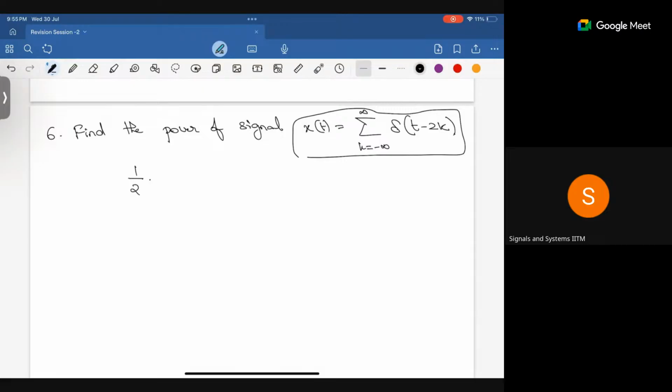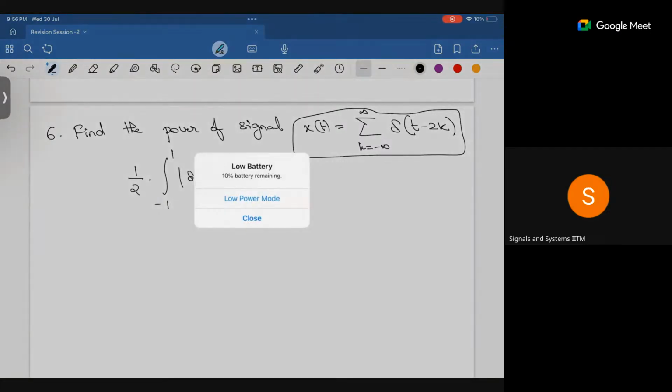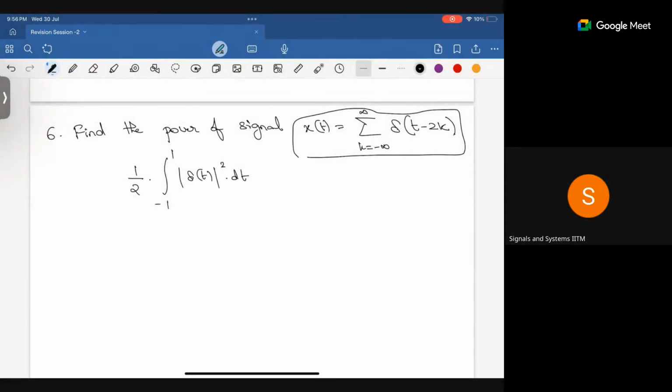It is average energy over a period, which is 1 by 2, integral from minus 1 to 1, of x of t in that interval, which is delta of t whole square dt. And as we know, delta t whole square is not computable, right? So we can't compute this.